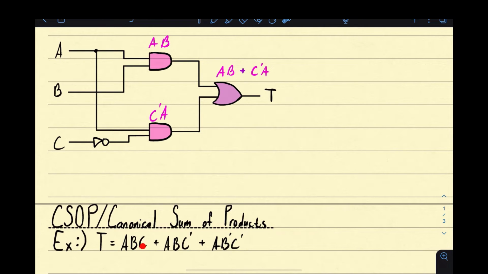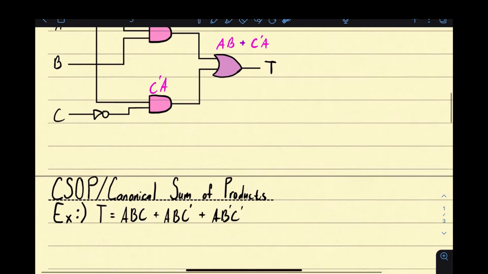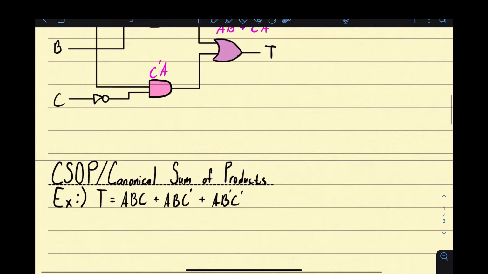Here I have T equals ABC plus A and B and complement C, ORed with A and complement B and complement C. So canonical sum of products form has every variable total in each min-term, a min-term being the product terms. You can see here everything is multiplied, so it's product.